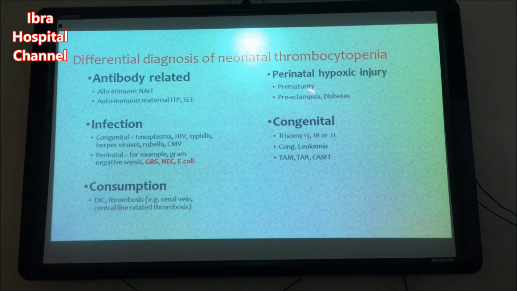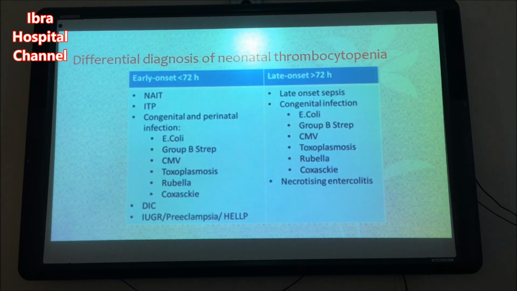These maternal complications can cause thrombocytopenia, or congenital conditions like trisomies, congenital leukemia, or abnormal megakaryocyte conditions. How do you diagnose? If the thrombocytopenia happens in the first 3 days of life, these are your differential diagnosis. If it happens later, then you consider more of sepsis and other infections. And necrotizing enterocolitis is a very important cause.